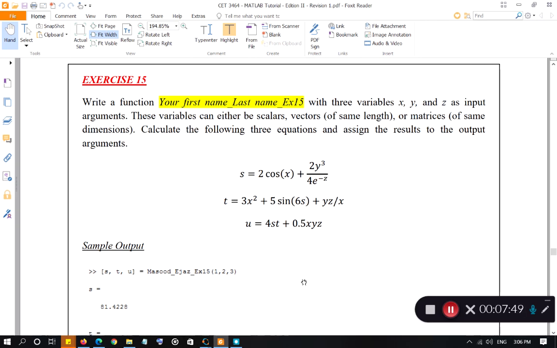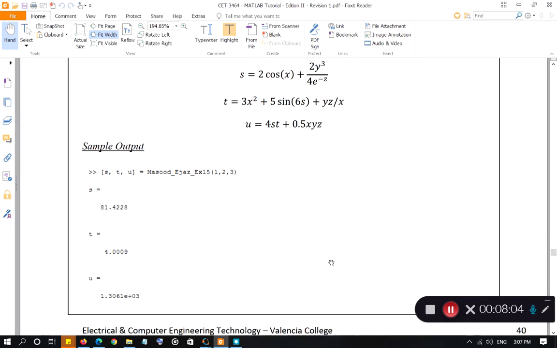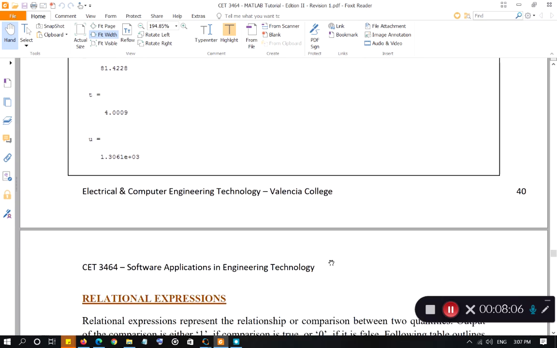And x, y, and z can be, of course, scalars, vectors, or matrices. It's exactly the same as the program that we created in the functions video. So this is very straightforward, and you can do it very easily. So this is the description of these two exercises.